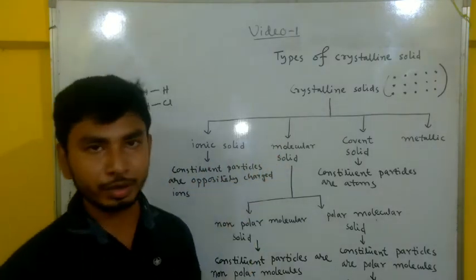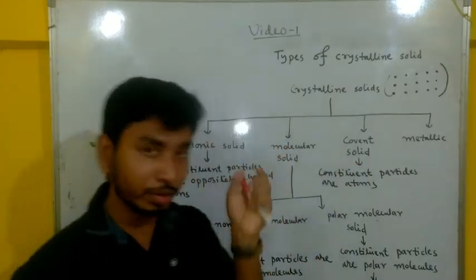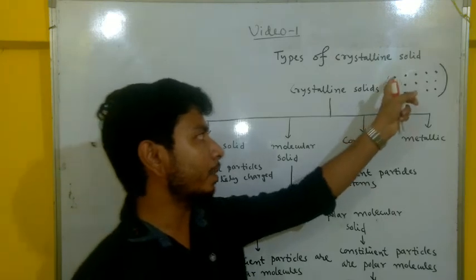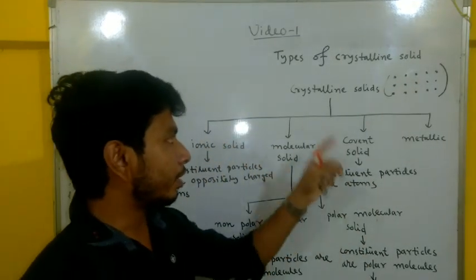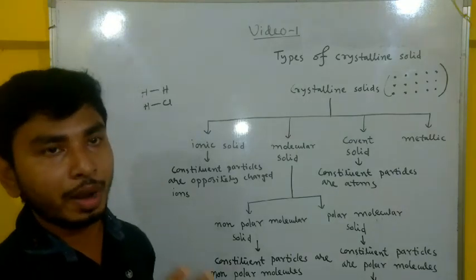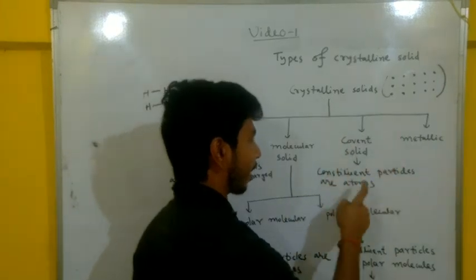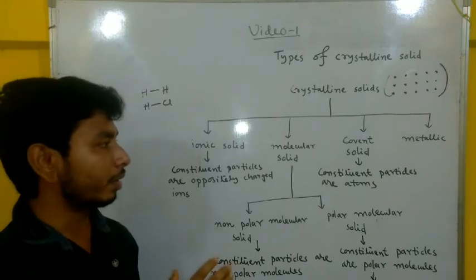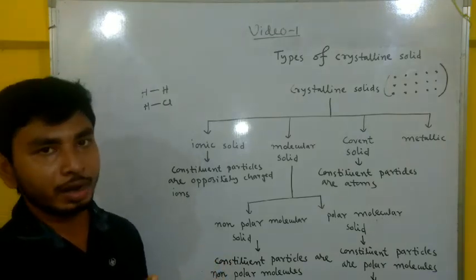Molecular solid, constituent particles are molecules. Covalent solid, constituent particles are atoms. Now what is the nature of attraction between the two particles? The nature of attraction is strong covalent bond. So in covalent solid, the constituent particles are atoms, and these atoms are bonded together with each other by strong covalent bonds.